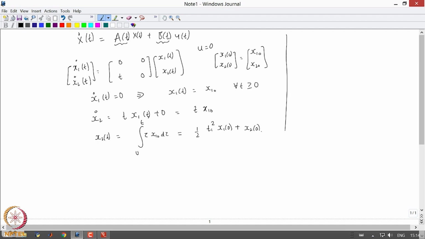That's a simple looking equation I can solve easily, and let me just check what if my initial condition is (1, 2).